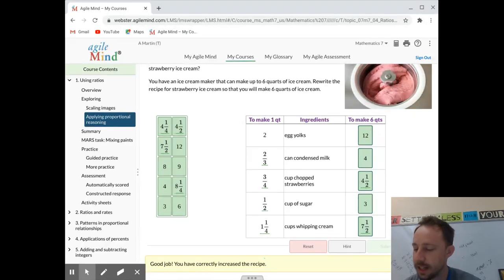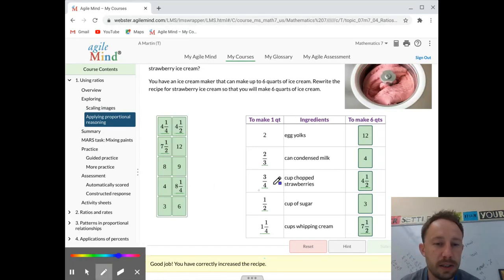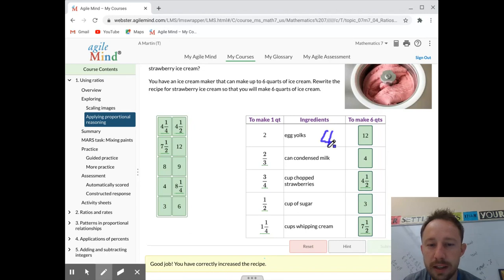All right. So why are proportional relationships needed to maintain the taste of a recipe? Like, what would happen if, say, for instance, I only put 4 eggs instead of 12 eggs? What's going to happen? It's gonna be eggless. Yeah, it wouldn't have enough eggs, would it?